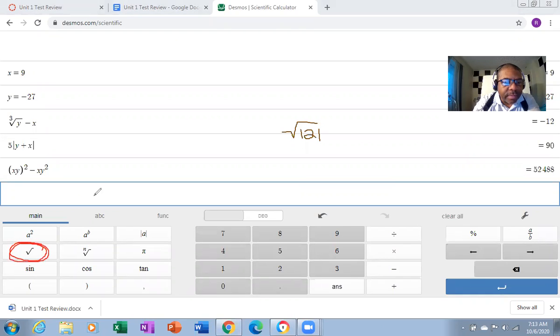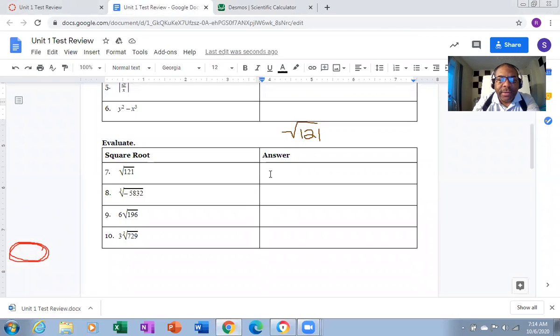That's our square root button. So the square root of 121. Okay. And the answer is 11. So now we can go back here and type in 11. Okay. And that's how you do it.